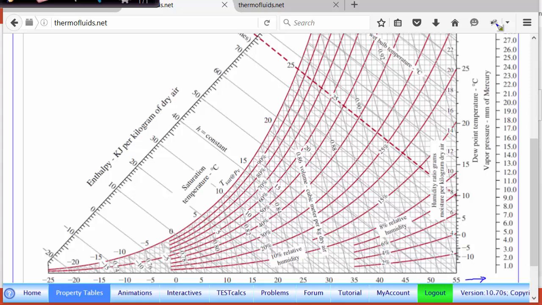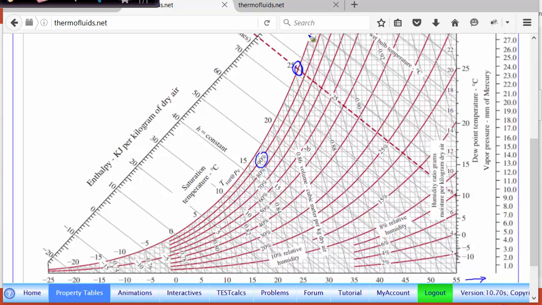I know it looks complicated, but let's see what is given in this problem. We know the temperature is 25, and we also know it's saturated. So remember the saturated line, phi equals 100% humidity. See, these are the humidity values, 90% line. This is the 100% line. And 25 degrees is also written here. So this is exactly our state.